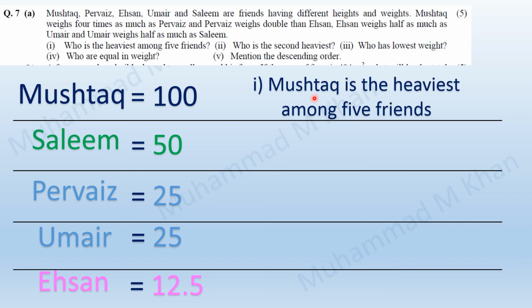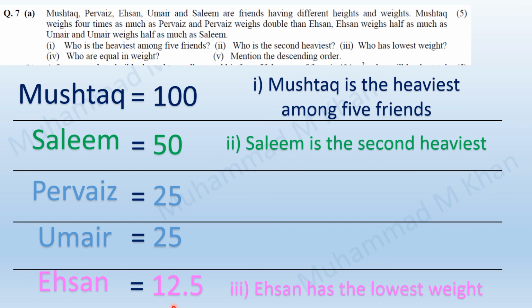Obviously it is Mushtaq. Who is the second heaviest? It is Salim. Who has the lowest weight? Ihsan has the lowest weight. Which friends are equal in weight? Parvez and Umair both have a weight of 25, so Parvez and Umair have equal weights.